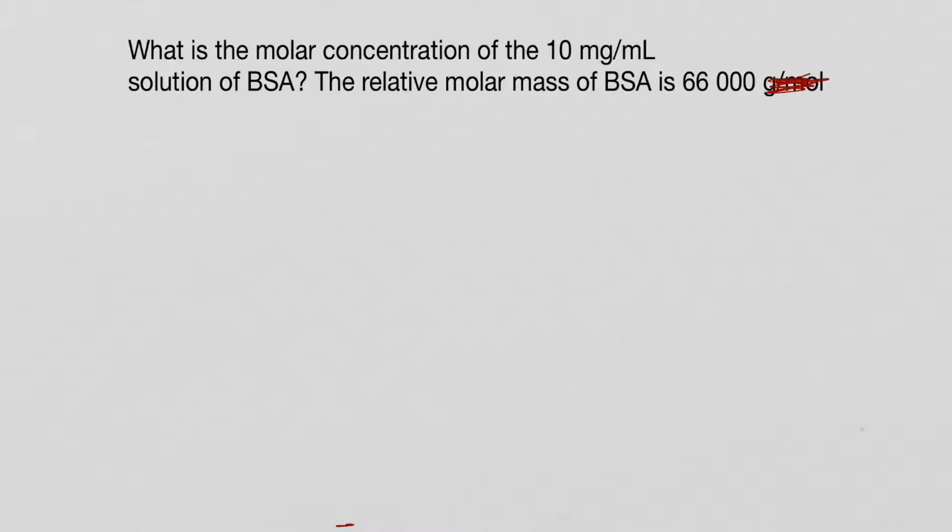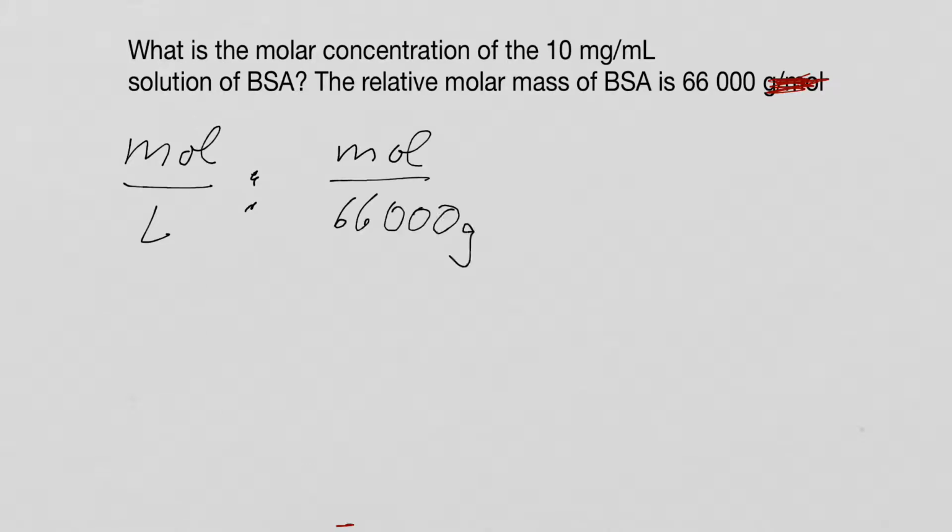So what are we looking for? We are looking for the molar concentration, so this would be mole per liter. Do we have mole anywhere? Yes, we do. So we have mole per 66,000 gram. Now the mole are in the right place. Let's try to get rid of the grams.